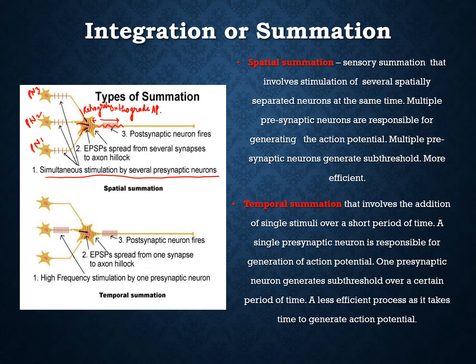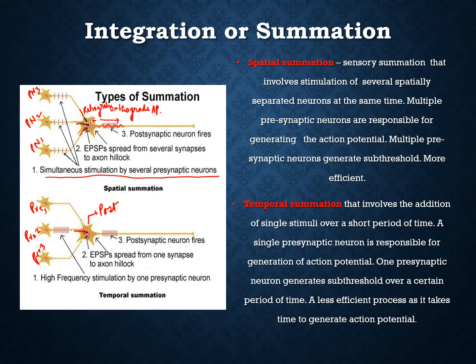In this diagram, we can see again the postsynaptic neuron, and so many presynaptic neurons are present: presynaptic neuron 1, 2, 3, but only from one neuron does the stimulation come into the soma.